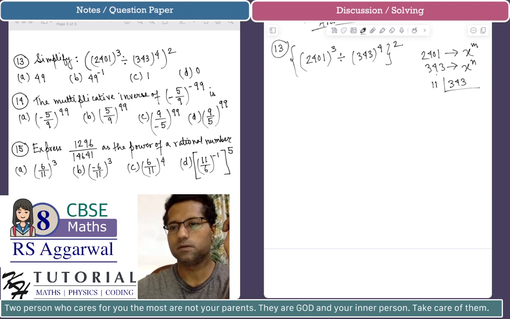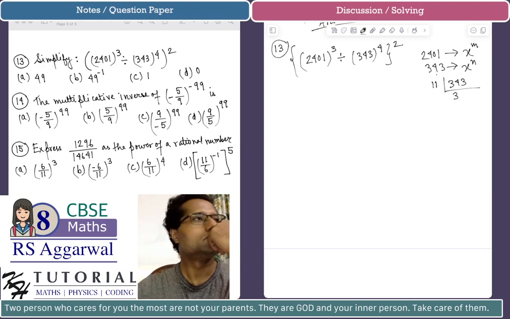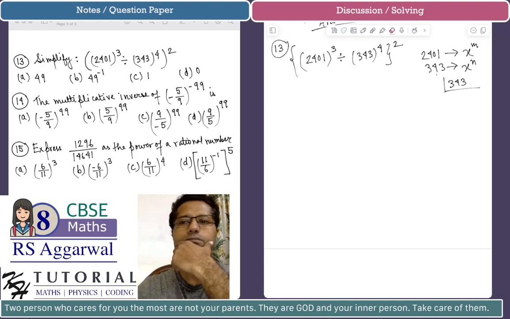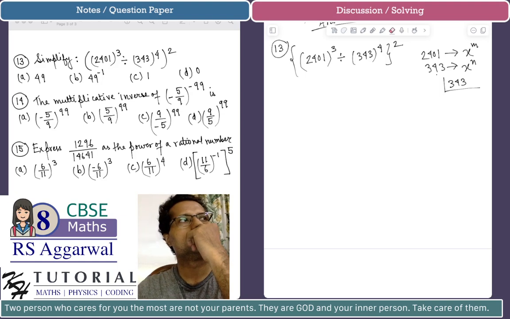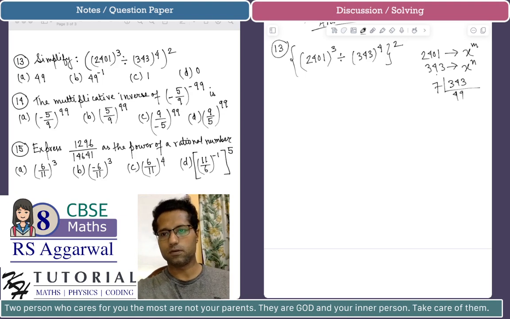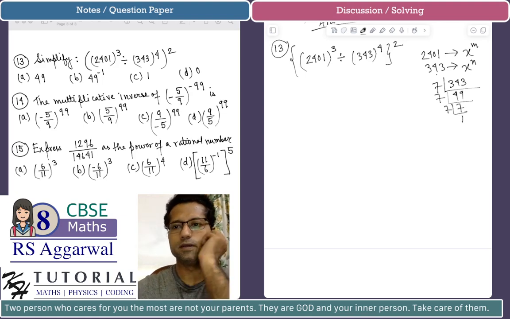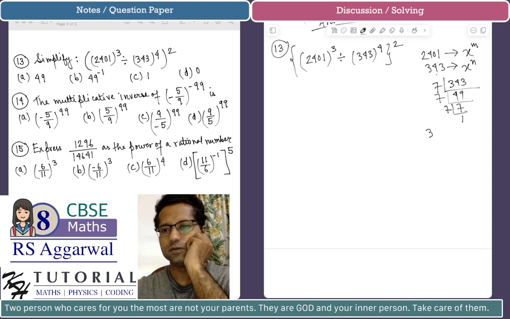It divides by 7. 7 divides 34 and then 49. 7, 7, 7, 1. So definitely I can see 343 is 7 raised to the power 3.